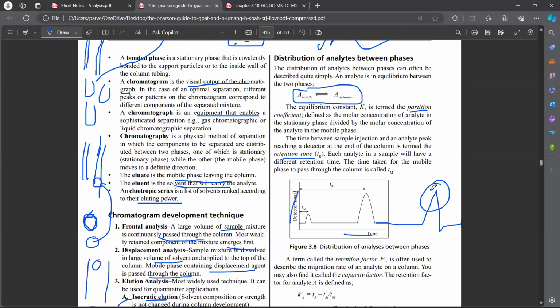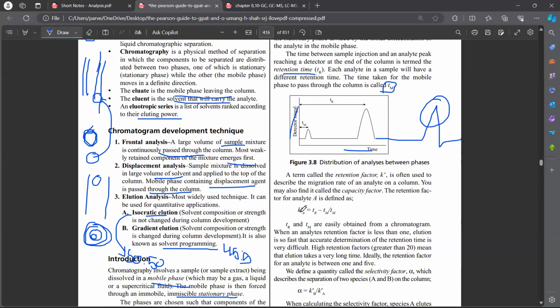So this retention time is different for different components. The time taken for the mobile phase to pass through the column is known as Tm. There is also a term known as retention factor. These are very important terms which we have to remember, guys. Retention factor is used to determine the migration rate of the analyte on a column.